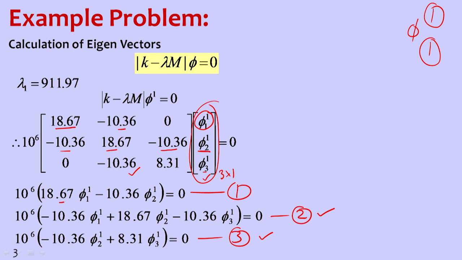Now we have 3 equations and 3 unknowns, we can easily find them out. Since I want the vector in some normalized form, I will assume the top value, which is phi 1 3, as 1.